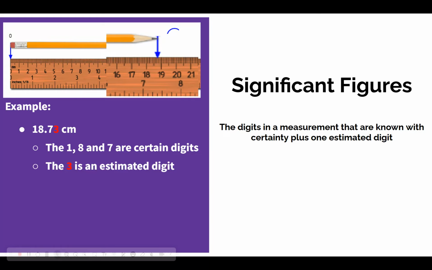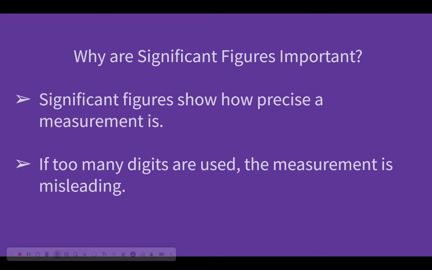I estimated the 3 as my last digit. Now, if you used this ruler to measure this pencil and you came up with 18.72 or 18.74, your answer would also be correct, because the 1, the 8, and the 7 are there, and those are the certain digits. The 3 is an estimate. So if my estimate and your estimate are different, that's okay with that one place.